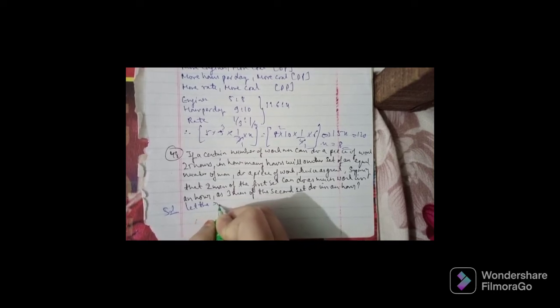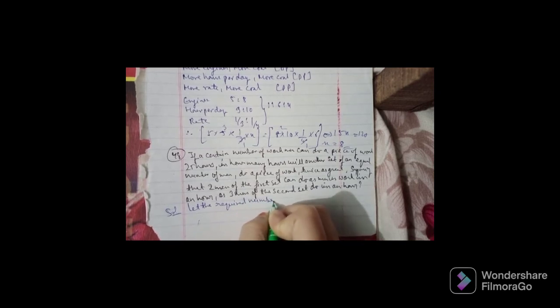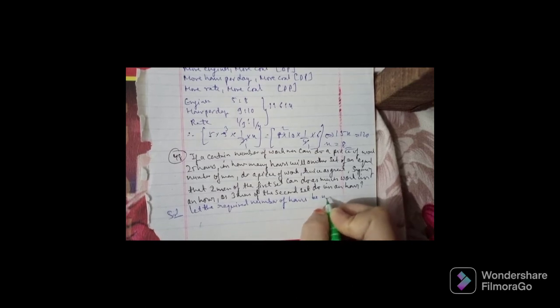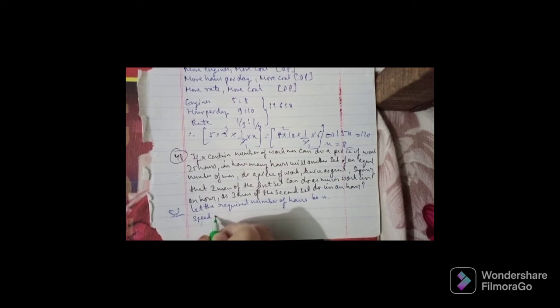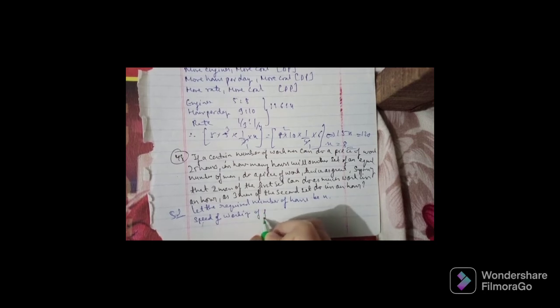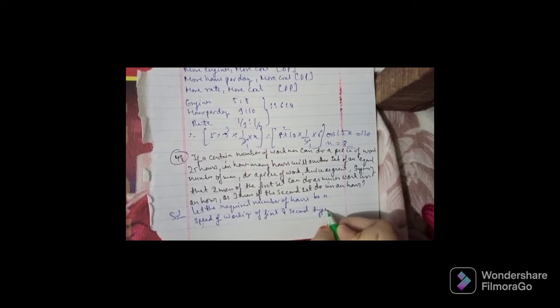Let the required number of hours be x. So the speeds of working of the first and second type of men are 1/2 and 1/3.